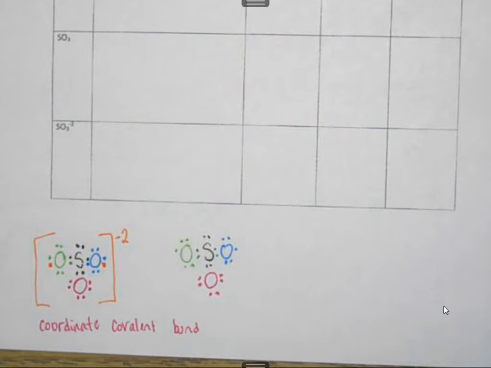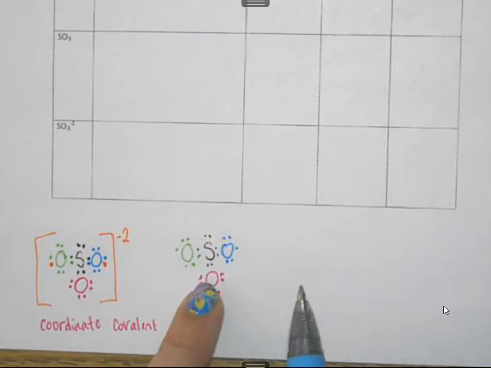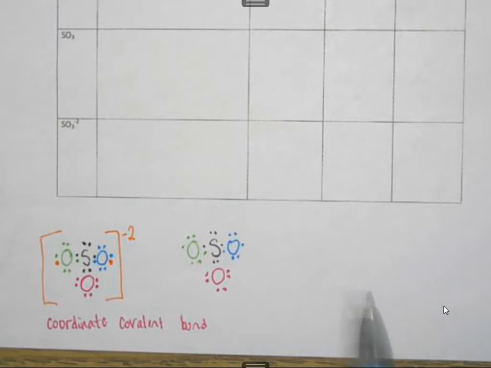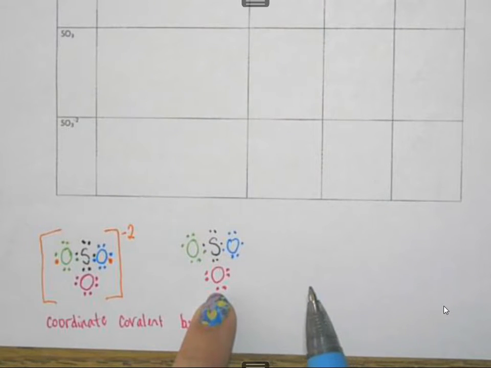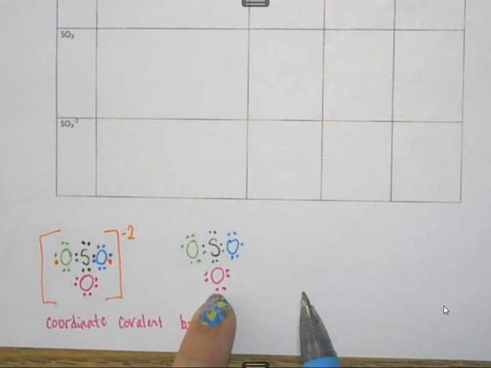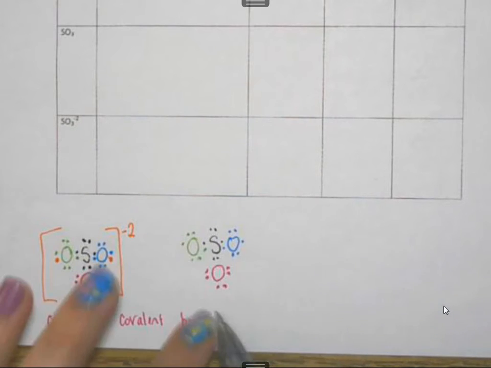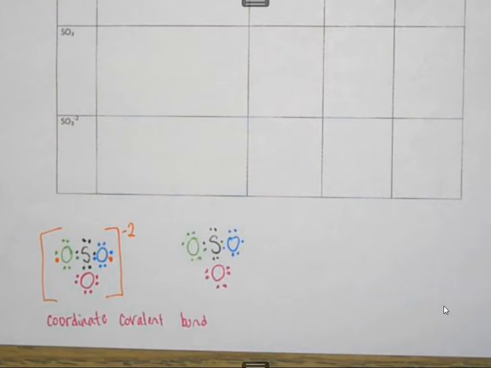Nope. So we have a problem with this one, and this one's harder. That's why I chose these 2 to start with. We followed my rules, right? We followed the plan of attack. We've made singles. Doubles and triples wouldn't work, so we made coordinate covalent. What do we do when we end up in this situation and I don't have happiness? If the atoms ain't happy, ain't nobody happy.